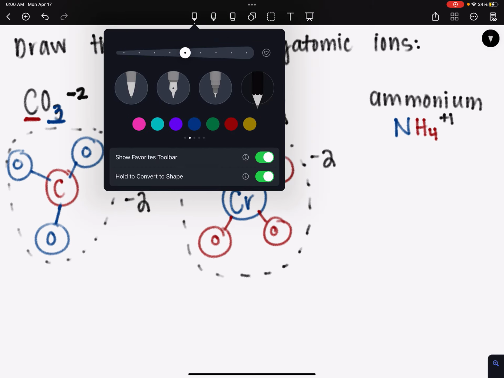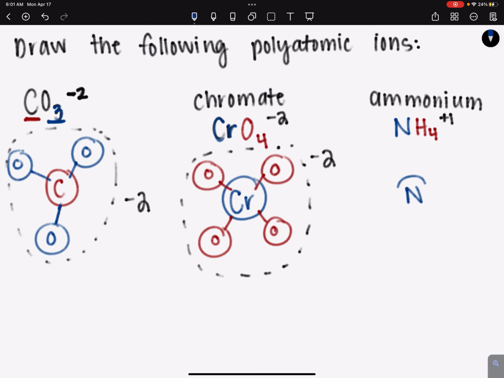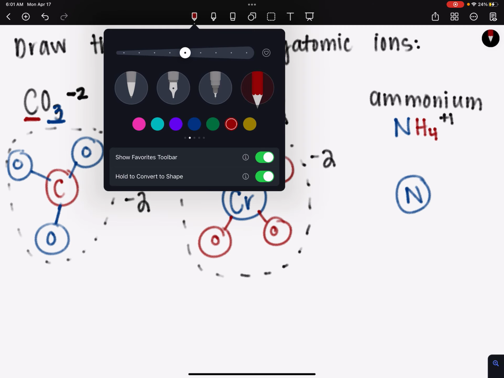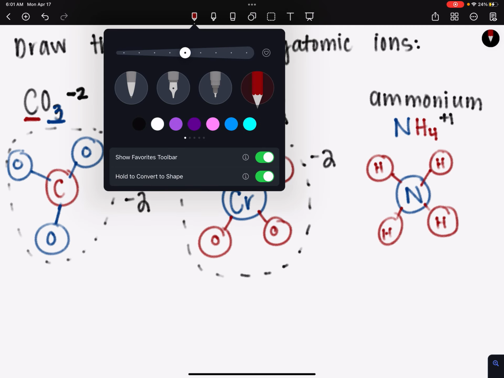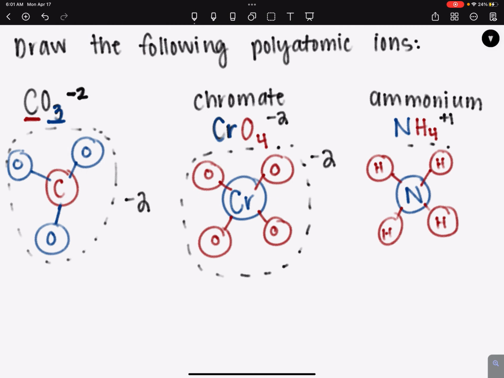When I draw this molecule, I'm going to draw 1 atom of nitrogen connected to 4 atoms of hydrogen. Wonderful. And overall, this molecule has a +1 charge.